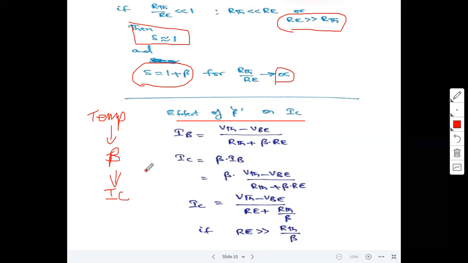What is the effect of beta, due to the temperature effect, on collector current? Then how to find this? IB is in terms of resistors, voltage and beta. Remember this: IB is equal to V Thevenin minus VBE by R Thevenin plus beta RE.